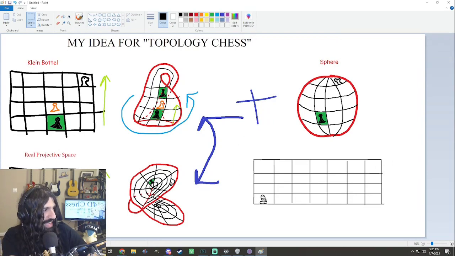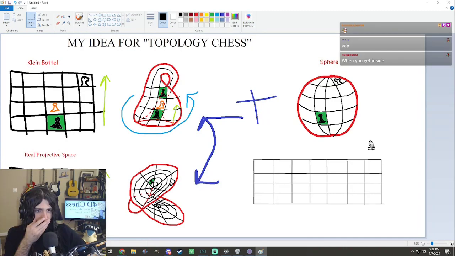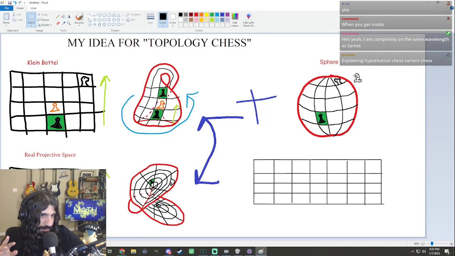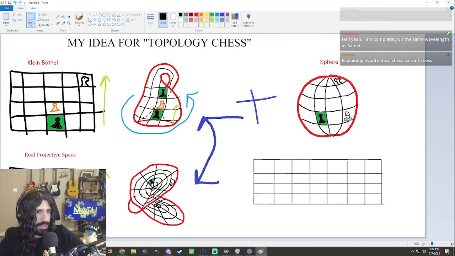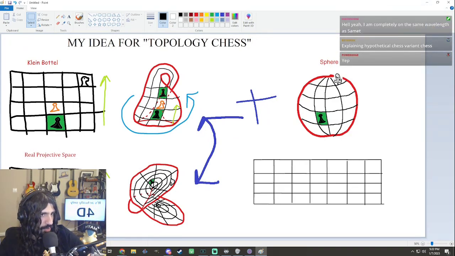You get what I'm saying? Does that make sense? Okay, so if it was cylinder chess, you could only move up to the top here and you couldn't keep going. But in sphere chess, there has to be a way where you move up and then you can go down the other side.